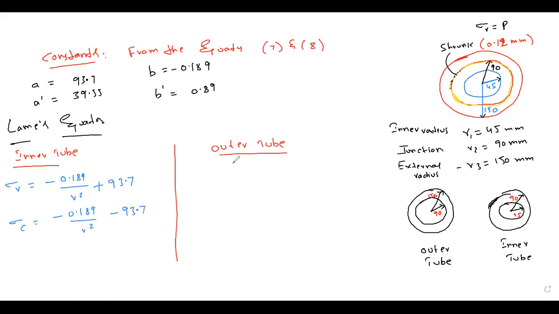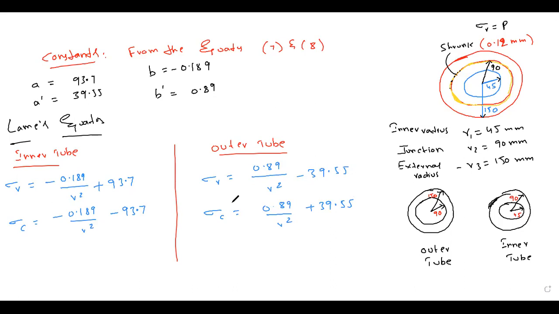And for the outer tube, sigma r is equal to 0.89 by r square minus 39.55. What is sigma c? 0.89 by r square plus 39.55. So these are your radial stresses and circumferential stresses for the inner tube and for the outer tube.